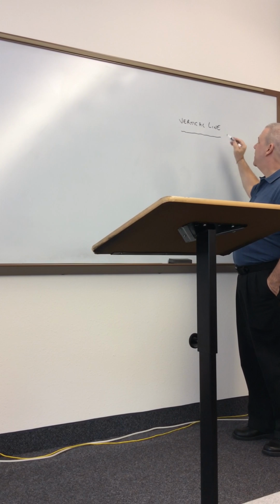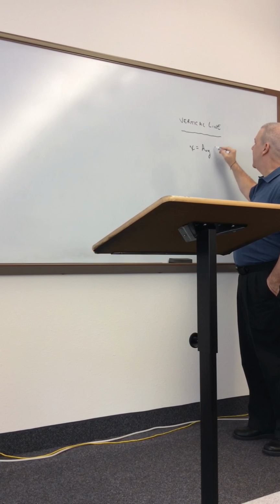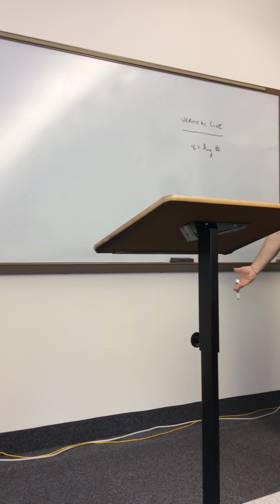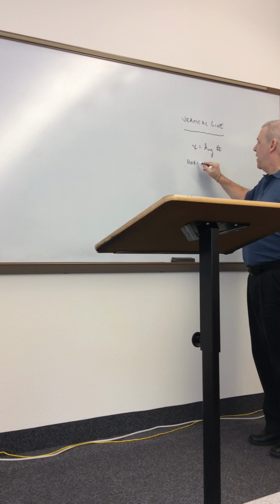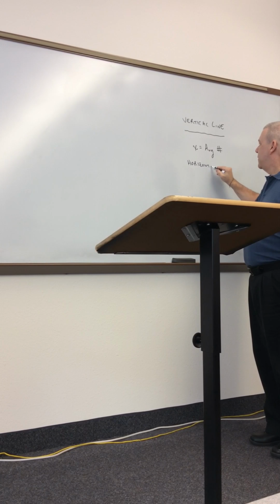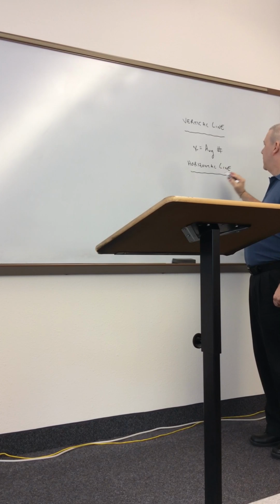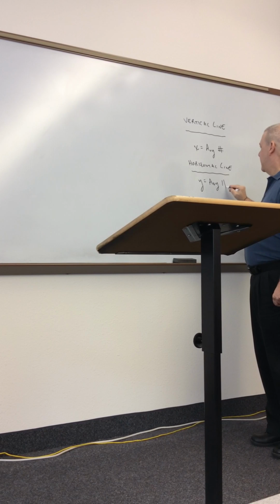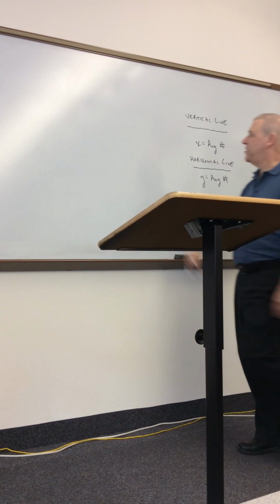The equation of a vertical line is x equals any number. It's going to come up in what I'm going to show you today. If you have a horizontal line, the equation of a horizontal line is y equals any number.